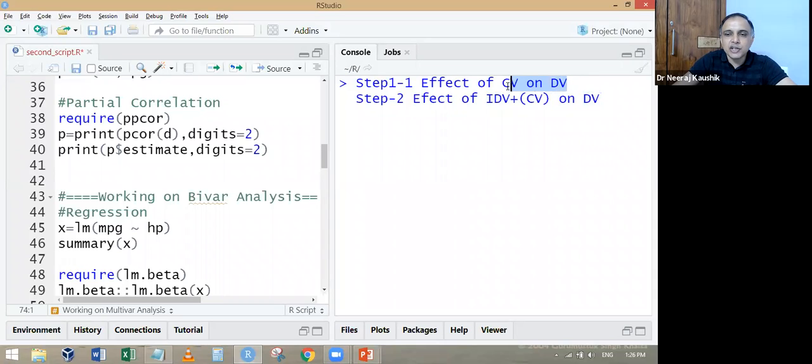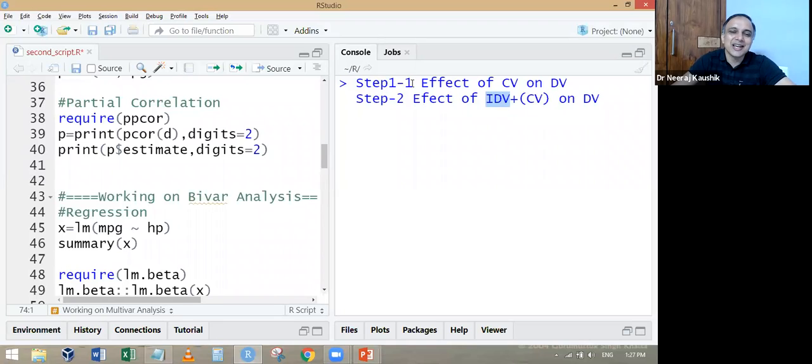There is a huge effect of CV on DV, which the girls typically call mama's boy. The effect of CV is so much that whenever the CV is present, the effect of IDV becomes almost 0. But if CV is not there, then IDV has an effect. This is a control variable.